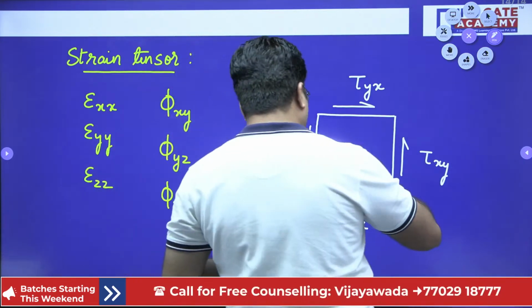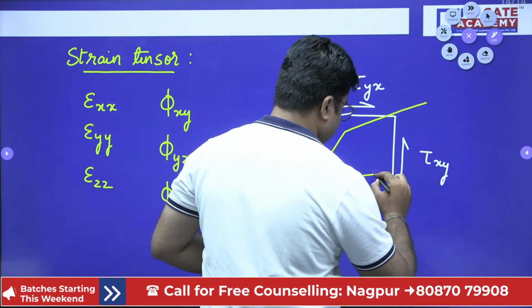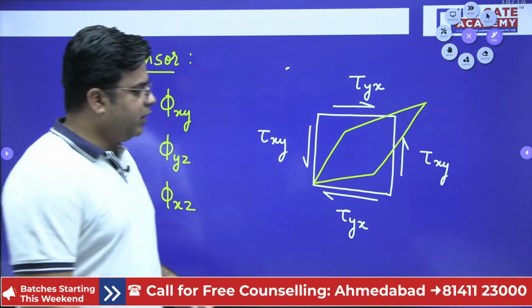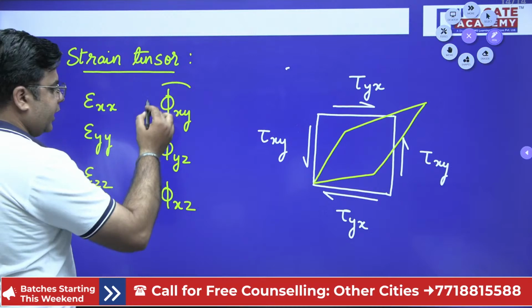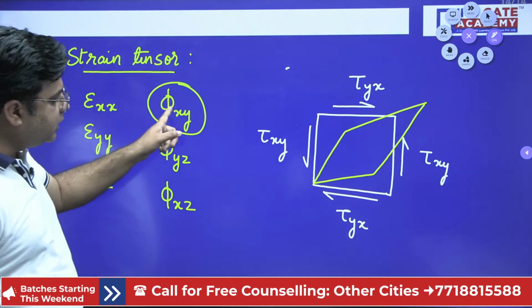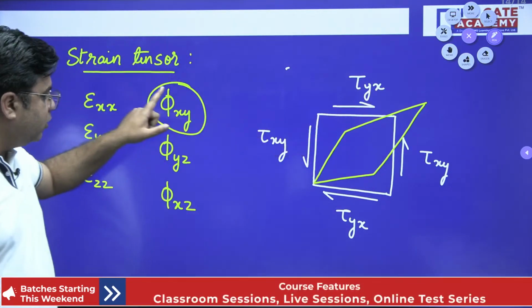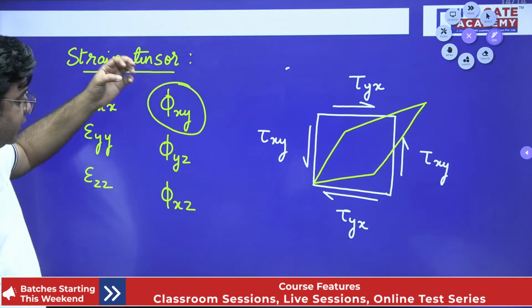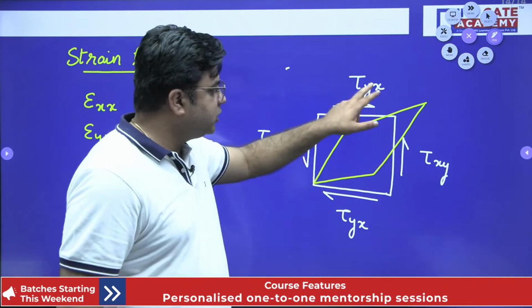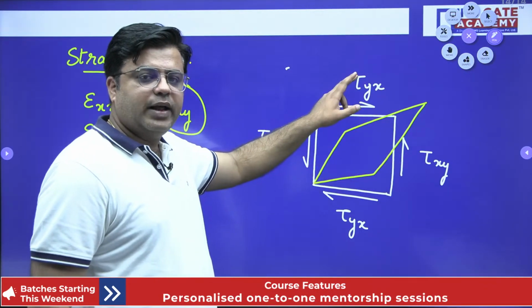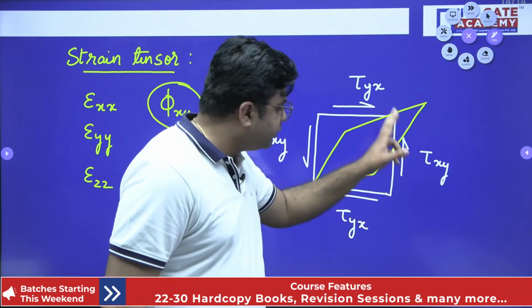This member is going to get squeezed like this, from either direction. So the shear strain phi xy is due to shear stresses tau xy and tau yx.